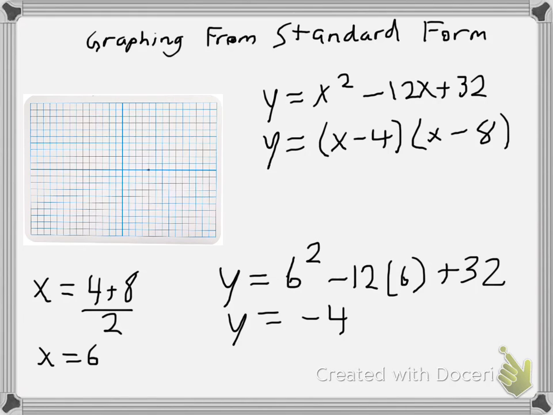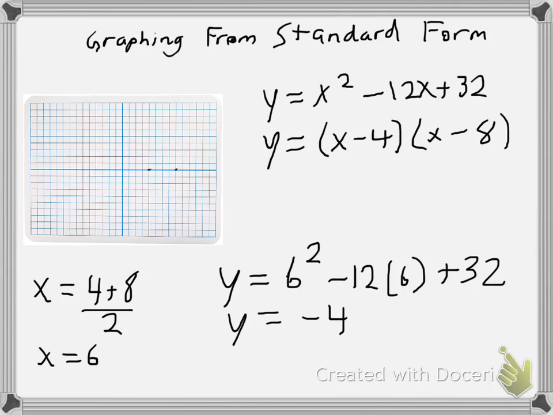So after negative 4, we are going to graph the parabola because we have all the information for the vertex and for the x-intercepts. So this is the first x-intercept, which is 4, and the second x-intercept is going to be 8. Oh, and by the way, whenever I don't put the values in for the graph, assume it's going by 1, because if I put in the values, it's going to block the view.